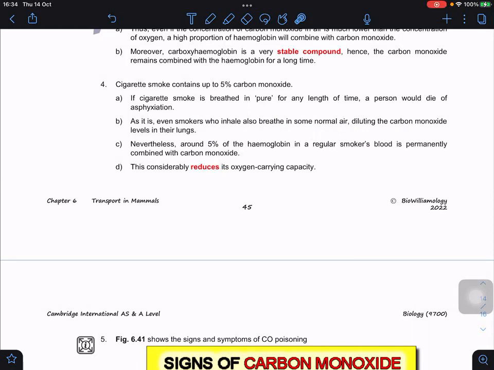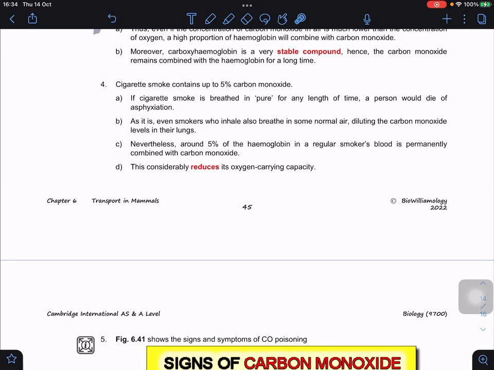Luckily, we produce new red blood cells. Not every 120 days, but every day we produce new red blood cells, which means we have new hemoglobin.